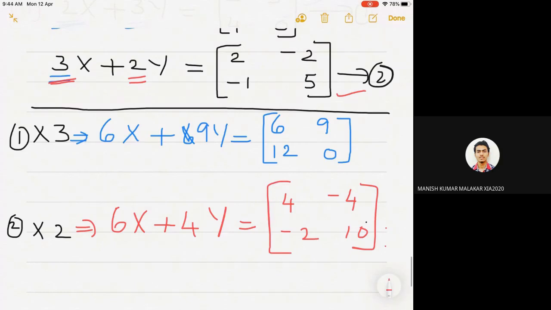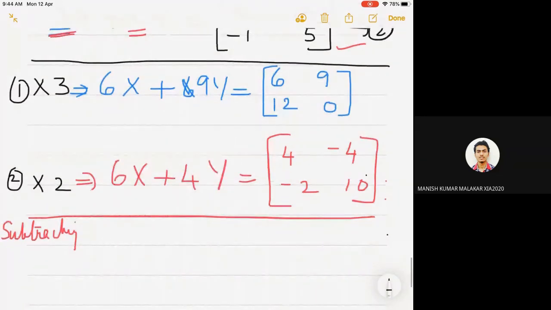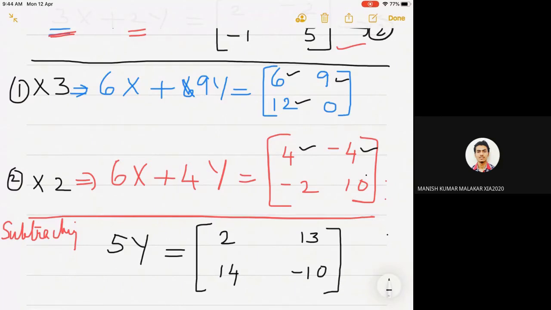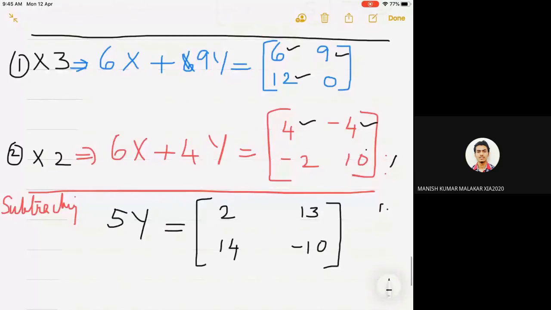Now, for the elimination method we have to subtract. Subtracting, 6x minus 6x cancels, 9y minus 4y is 5y, equal to the right-hand side matrices also subtracted. So the corresponding elements will subtract, 6 minus 4. So now we have to find y.